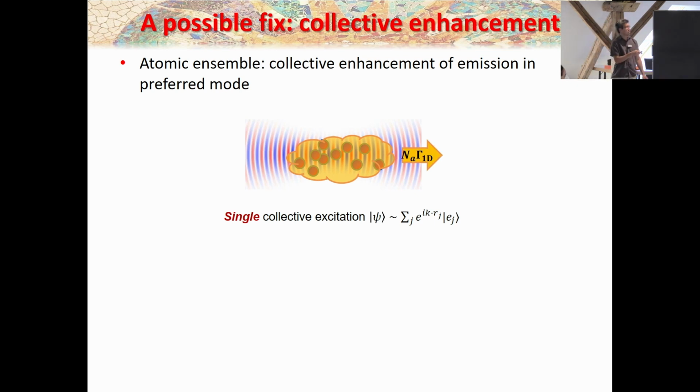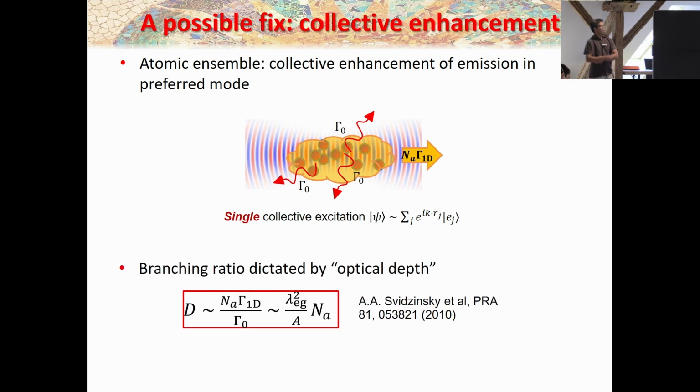So this rate of emission into this preferred direction can actually scale with the number of atoms, while the emission into 4 pi is still independent. So the excited atom emits into 4 pi at the same rate that a single isolated atom would. And now the branching ratio, the likelihood that you collect information versus you lose it, gets a factor of N, the number of atoms, enhancement.